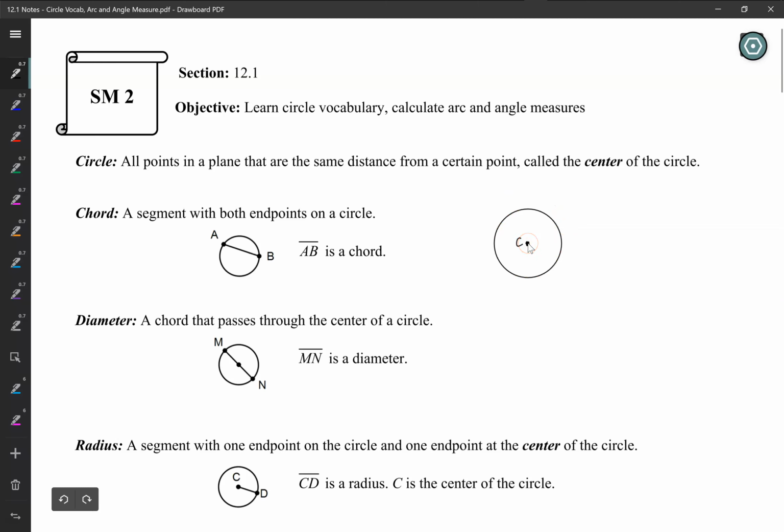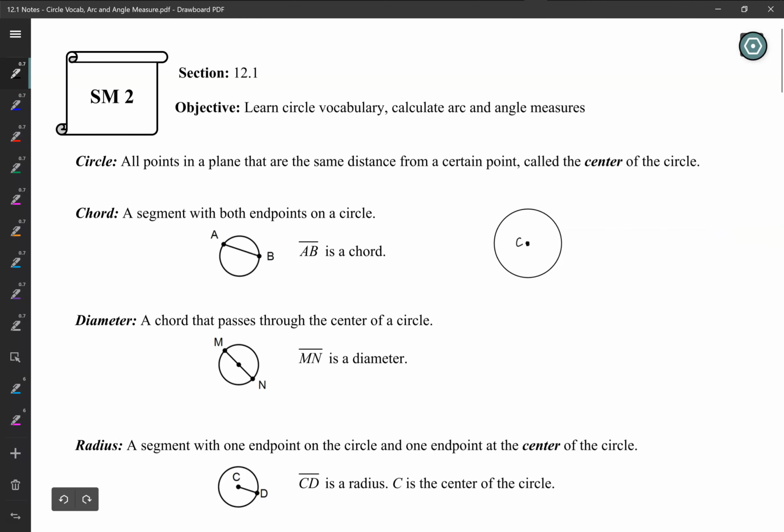So if you stuck a push pin in point C and then tied a string to a piece of chalk or something and held the string out tight and then went around in a circle, it would draw a circle. That's the definition of the word circle.